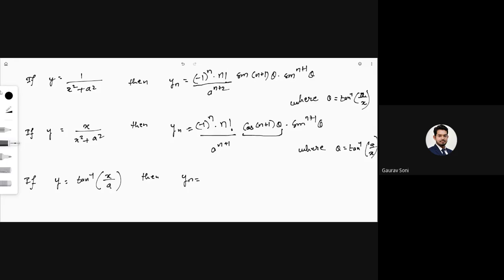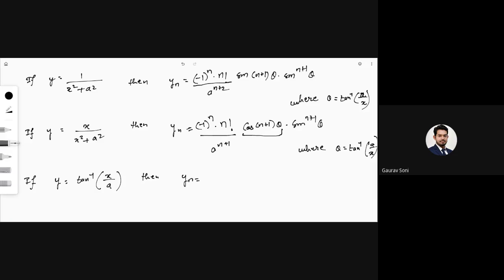Tell me the final answer. -1 की पावर n-1 इंटू n-1 का फैक्टोरियल अपॉन a की पावर n+1 then sin n theta into sin raised to the power n theta.